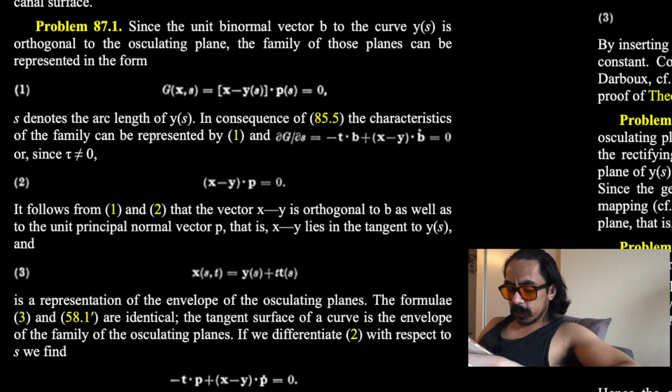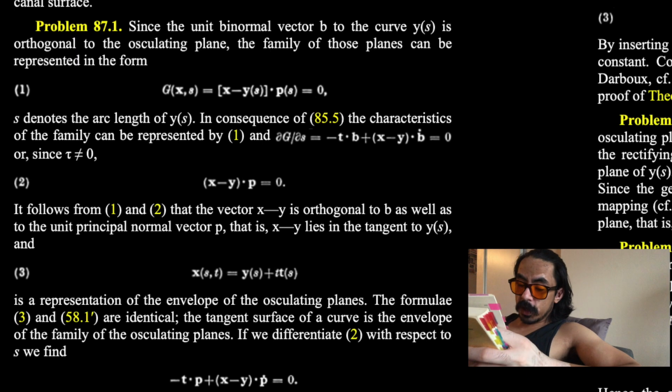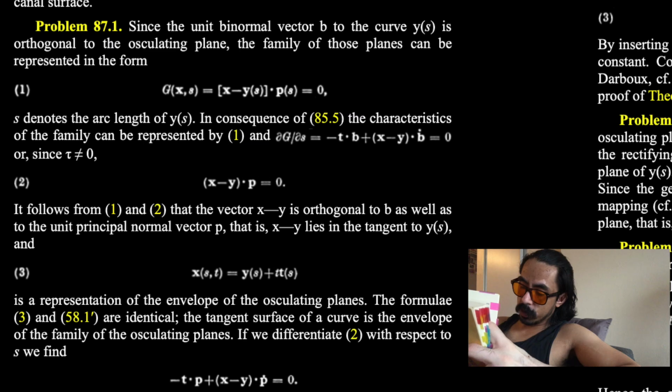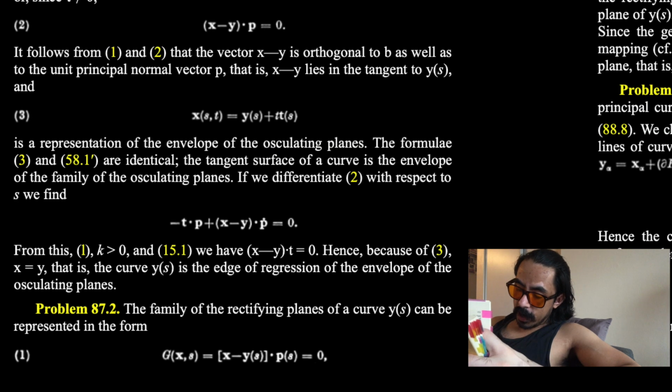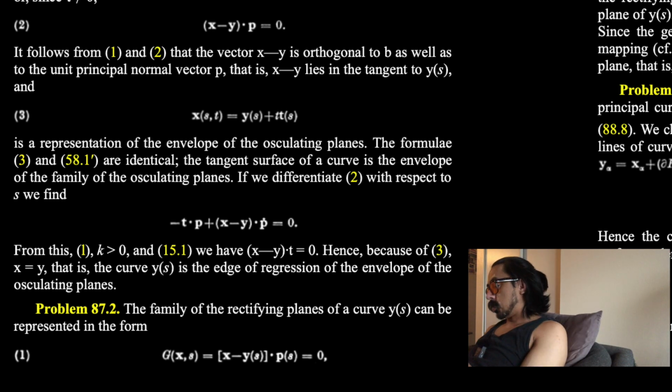Continuing on, the tangent surface of a curve is the envelope of the family of the osculating planes. If we differentiate the previously read scalar product (x − y) · p = 0 with respect to arc length, we find −t · p + (x − y) · ṗ = 0.